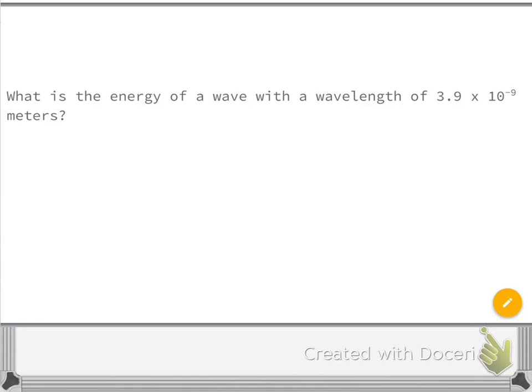Last problem. What is the energy of a wave with a wavelength of 3.9 times 10 to the negative 9th meters? So I said anytime you see energy, you know you're going to use this equation at one point or another. But this problem gives us wavelength. This equation requires frequency. So what do we do now?